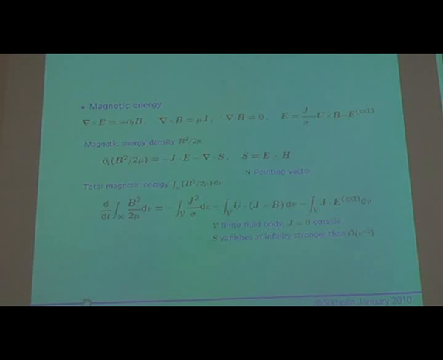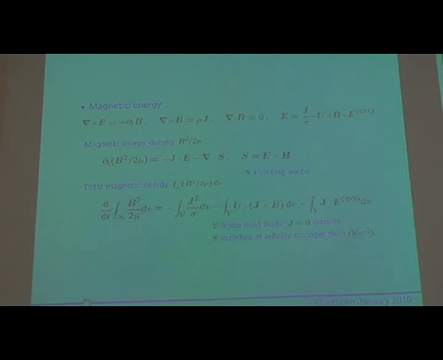Okay, S is the Poynting vector, and this form of the energy balance doesn't depend on Ohm's law. I have just J there and not J replaced by E also.